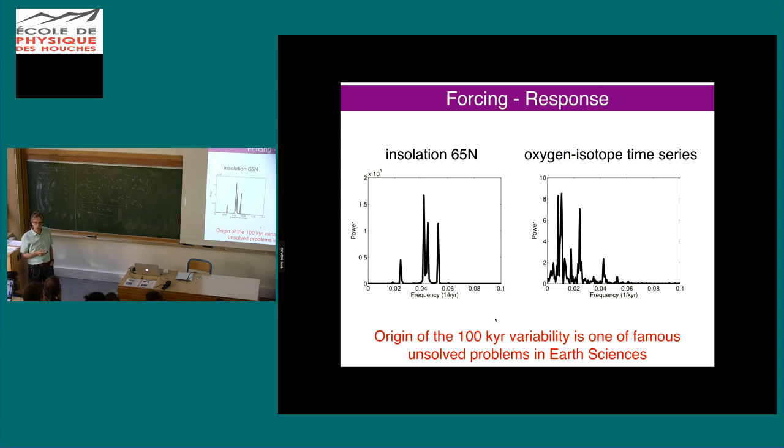Now, where do you think the problem is? It's good to think about that. There are maybe 6 or 7 theories for how this 100,000 years comes about. So where would the problem be in falsifying any of the theories? Exactly.